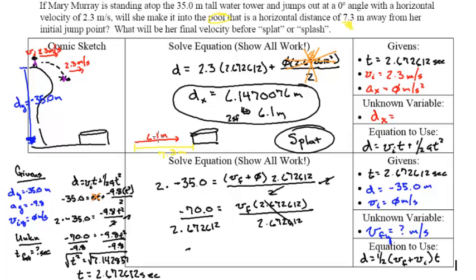And when I do the math, velocity final equals negative 26.191606 meters per second. Apply significant figures, 2, and I get negative 26 meters per second.